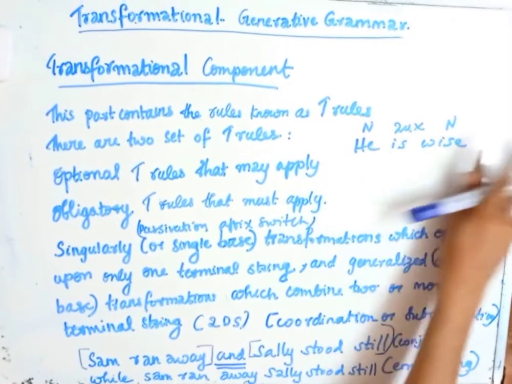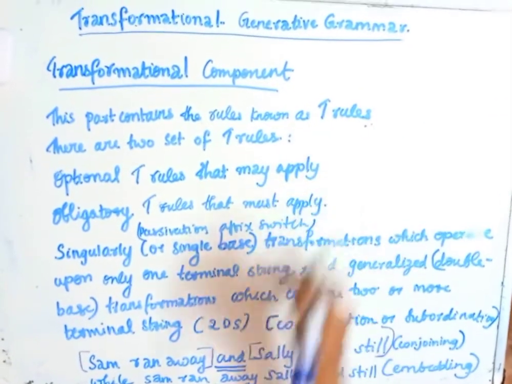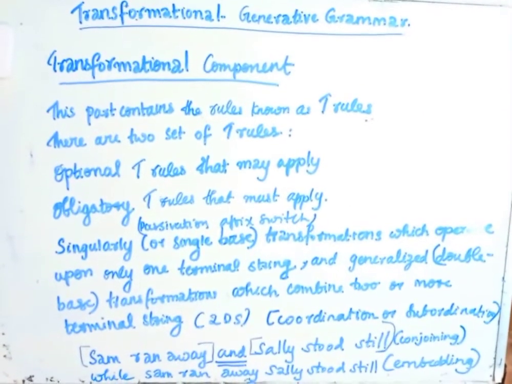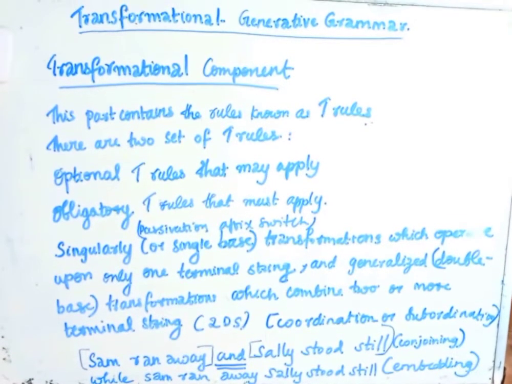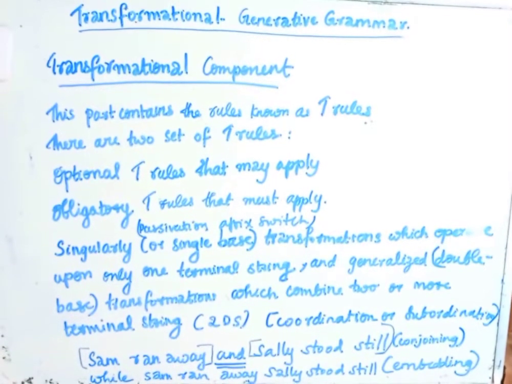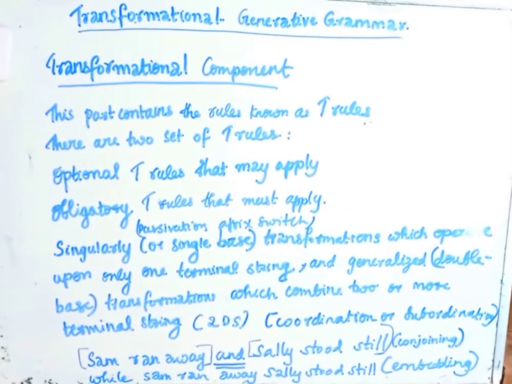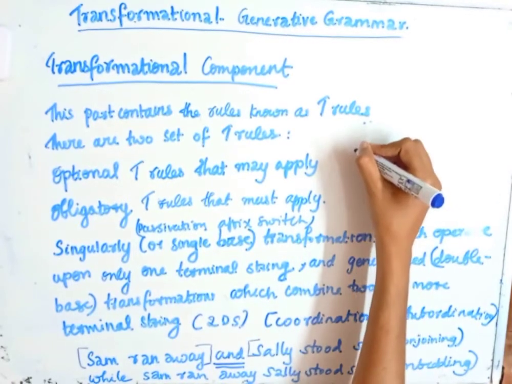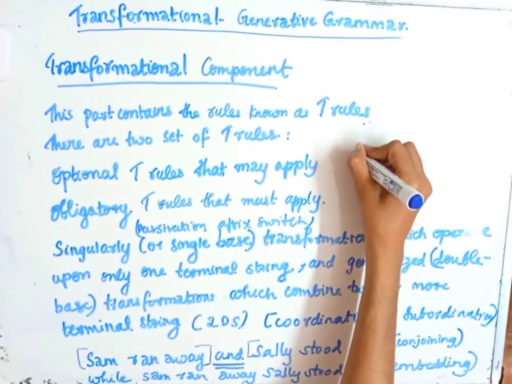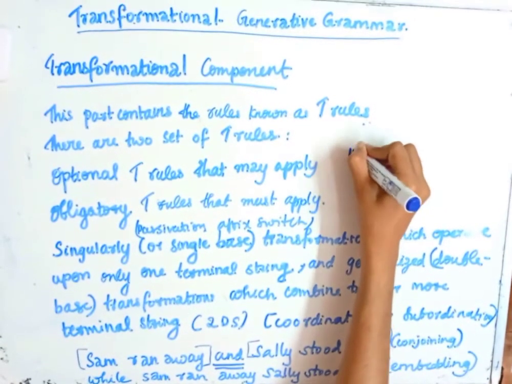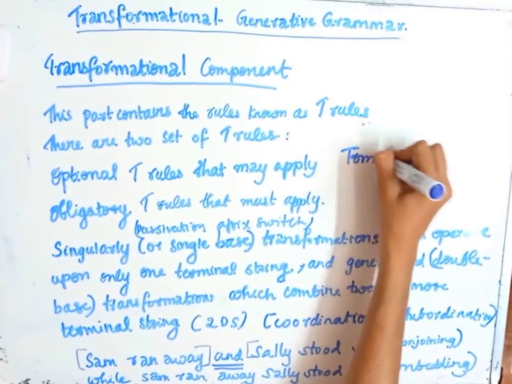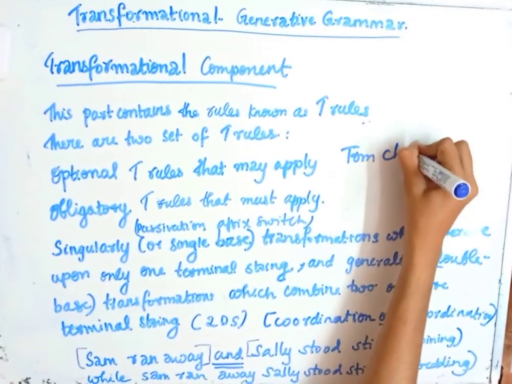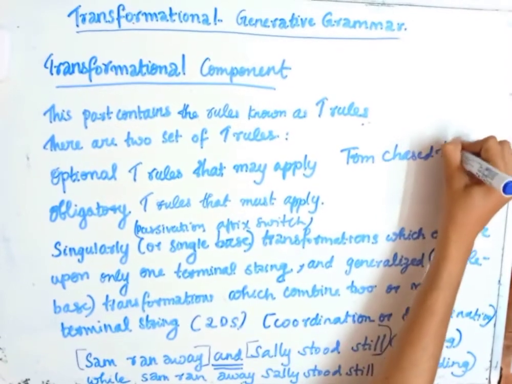Similarly, in the case of affix switch, in the previous lecture we had one such occurrence, right? We didn't talk about the transformational component there, but we will surely talk about it now. The sentence was, Tom chased the elephant, right?